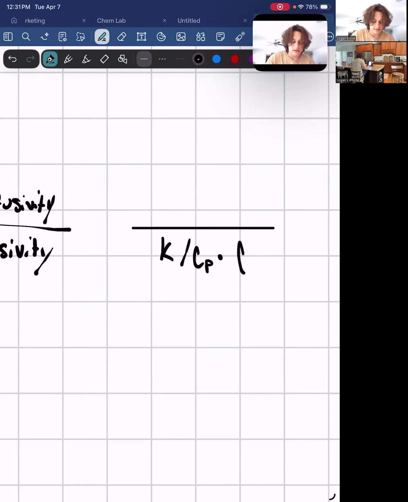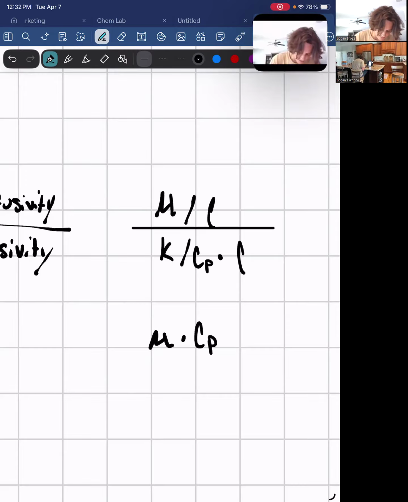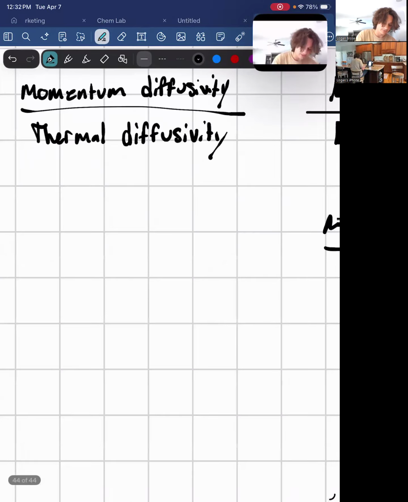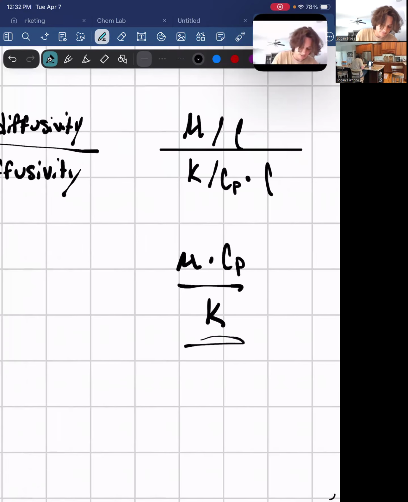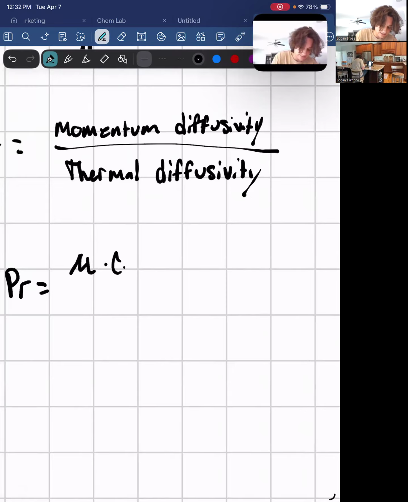Then we have our momentum diffusivity, which we did in, I believe, homework 1, part A, and that was our viscosity divided by our density. So we can simplify this down, and we get our viscosity times our heat capacity over our K. So our Prandtl number equals this term of viscosity times heat capacity over K.